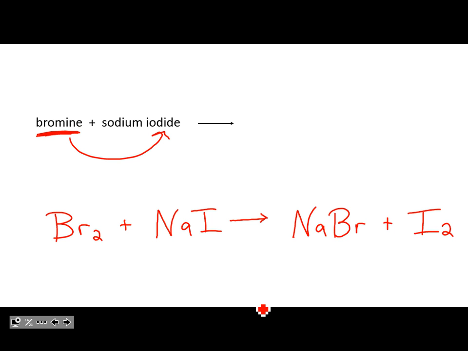The final thing I need to do is balancing. I start by balancing up my iodines, then my bromines, and when I do so, I've balanced my entire equation. So that's one. We just have to recognize that we have a halogen, and it's going to replace the back end, not the front end.